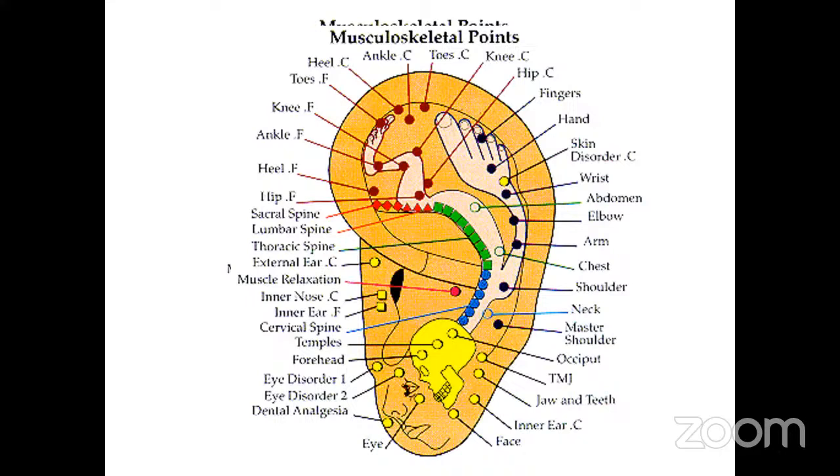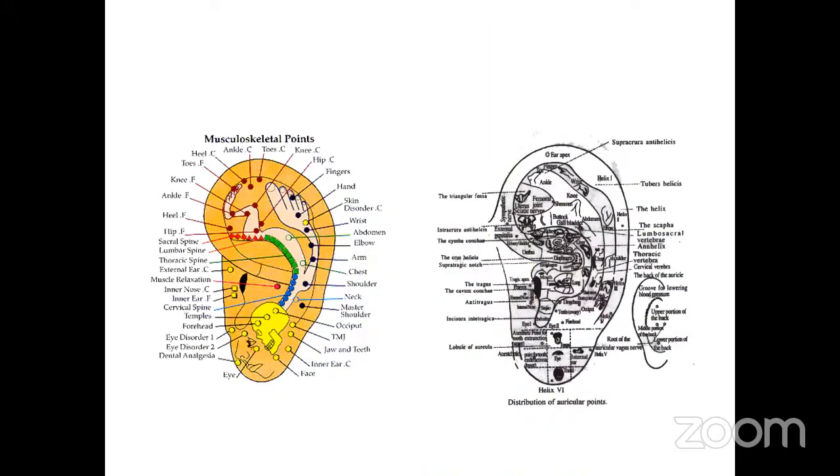But if you imagine the fetus in extension, upside down, all over the ear, and please remember the fetus's position: the front of the fetus is facing the helix, that is posteriorly, not the other way around. Okay? So this is how all organs are represented in the entire ear. It looks very confusing, very intimidating, but we'll try to make it a little easy.